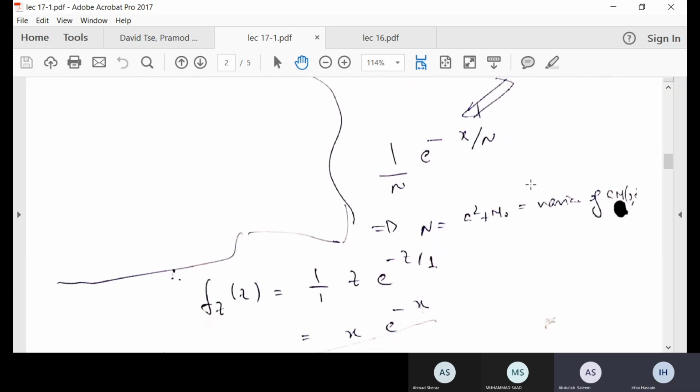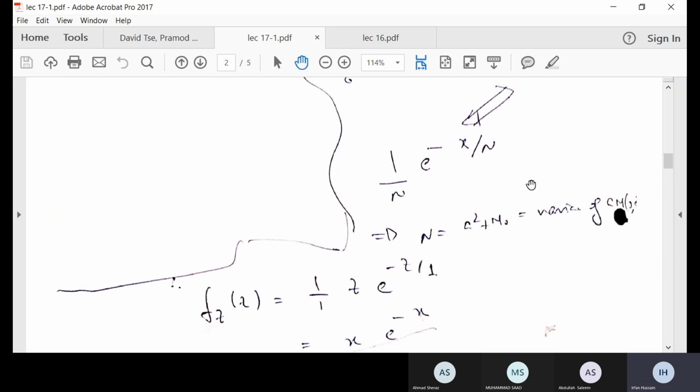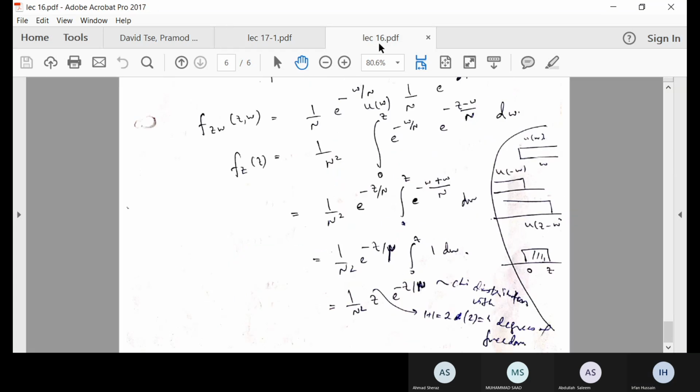We have seen that if we take the mod square values of the sum of those exponentials, I will get 1 over mu square z e minus z over mu.